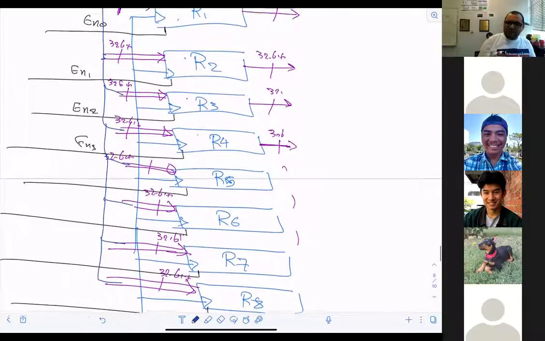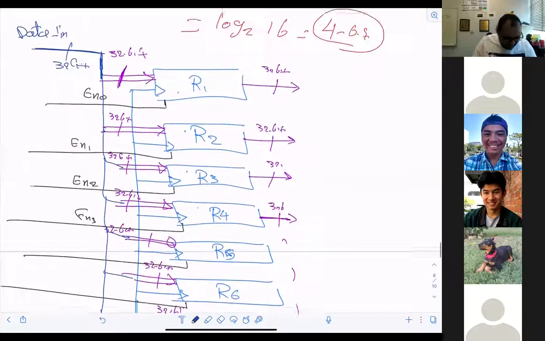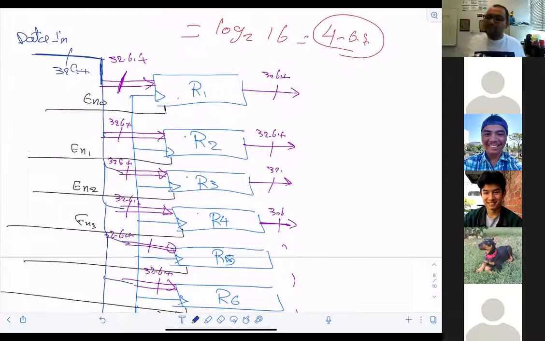Somebody can tell me roughly what exactly I'm gonna add here to control the enable from whatever we learned from the combinational circuit. A multiplexer? No. Decoder.